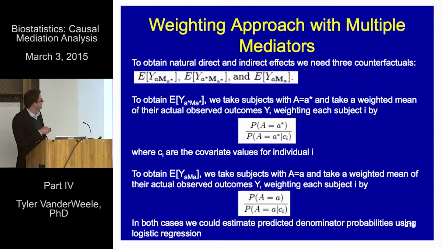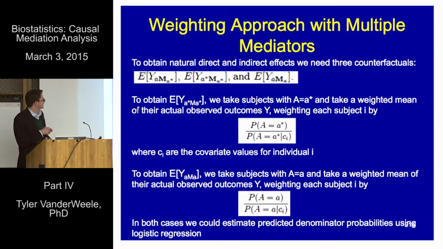To obtain the second one here, what would happen if everyone were unexposed, we can use essentially a propensity score weighting approach, where we weight each subject by the weight given here. In the denominator, we have the predicted probability that the individual was unexposed, conditional on their covariates. In the numerator, the overall probability that an individual is unexposed. So we could fit this with logistic regression.